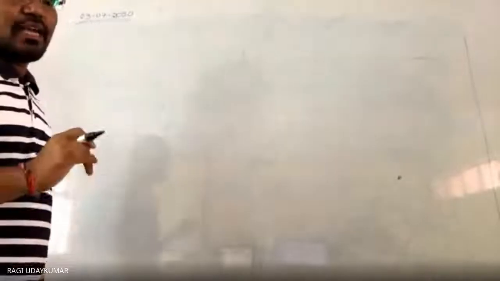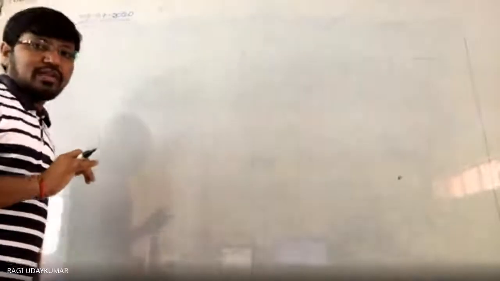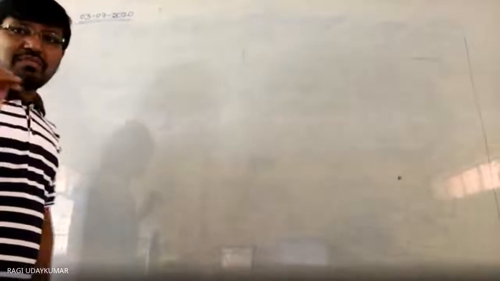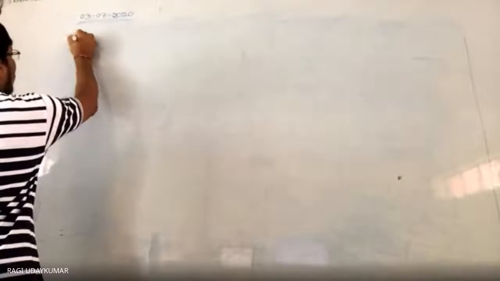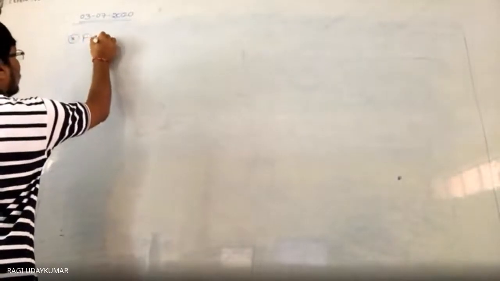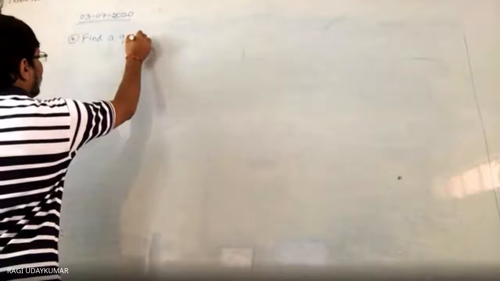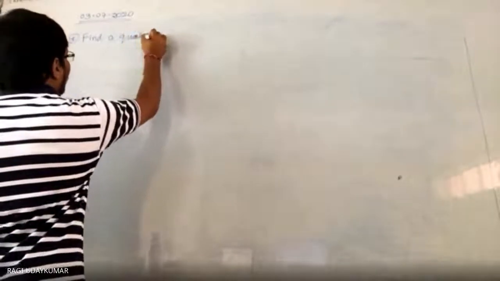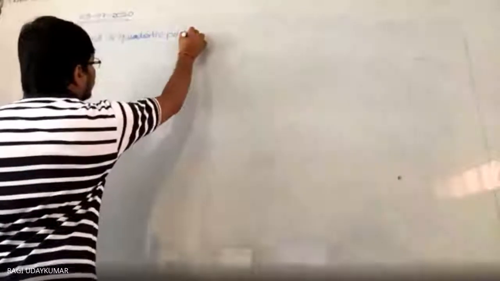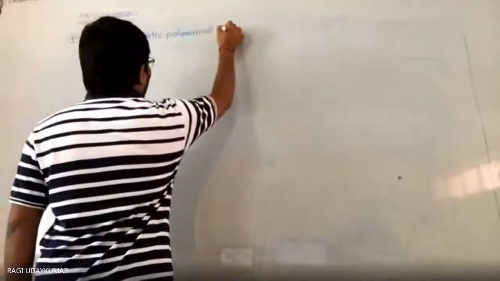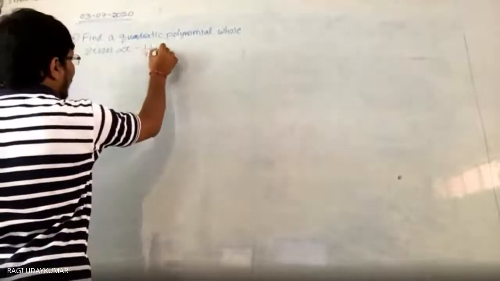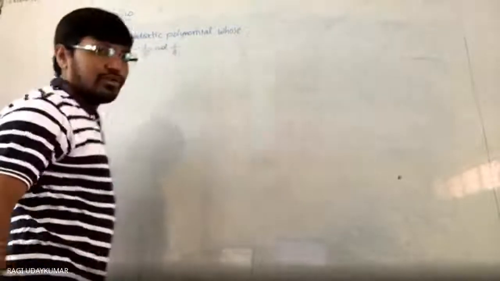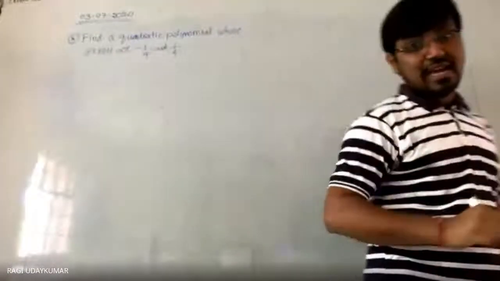See here in your second bit, fifth question, the numbers are given as minus 1 by 4, 1 by 4. I will write the question on the board. Find a quadratic polynomial whose zeros are minus 1/4 and 1/4. So what is actually given in the textbook?